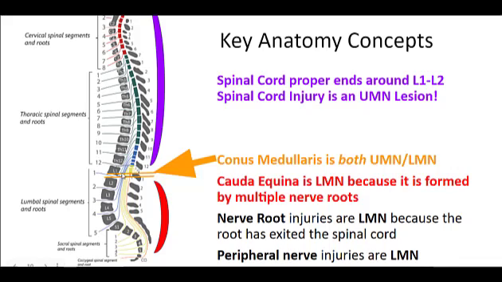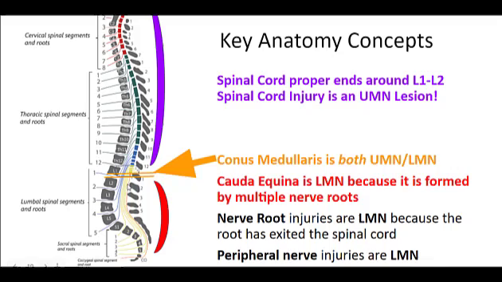And you can see that those nerve roots and the conus medullaris are traveling really close together. And that is why you'll see a presentation of both upper motor neuron and lower motor neuron. And then a cauda equina, where the cauda equina is just made up of the nerve roots, right?